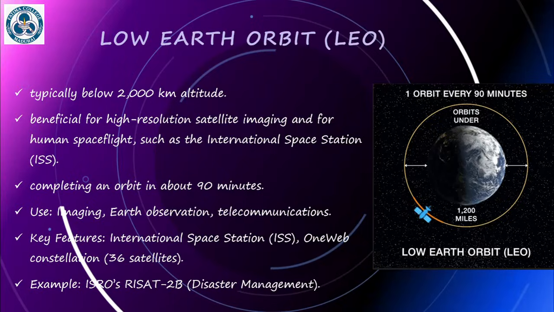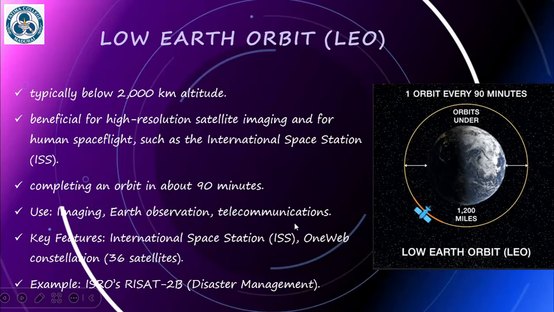Now let's focus on low Earth orbit. LEO is typically below 2000 km. A key advantage of LEO is high resolution imaging because the satellite is closer to the Earth's surface. It's also the region where human spaceflight commonly happens, for example, the International Space Station. A typical LEO satellite completes an orbit in around 90 minutes.